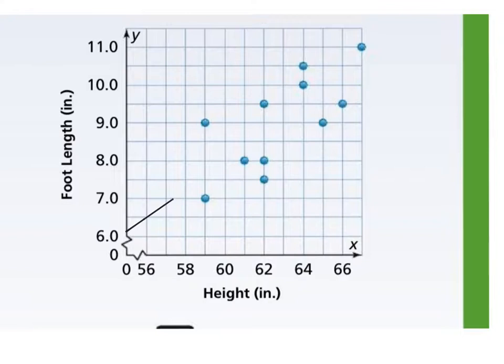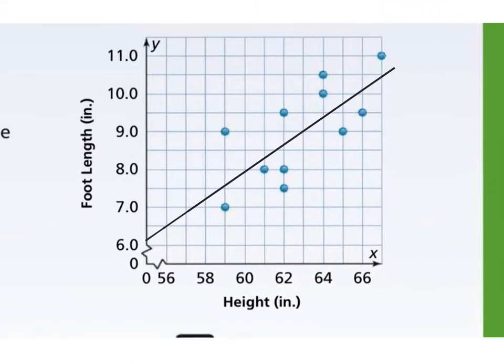That's going to represent that. And you can see that would then kind of go through the middle of the points, some above, some below, to give us kind of an idea of what's happening. And that again could tell us that looks like we would have another positive relationship here, or positive association between height and foot length.